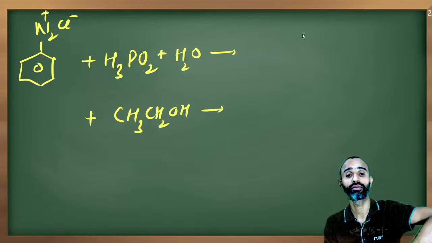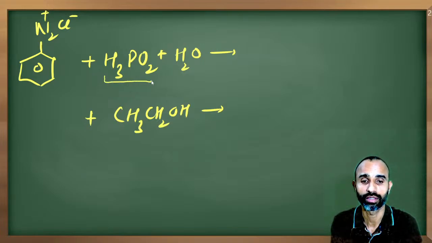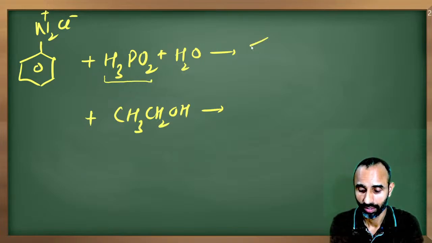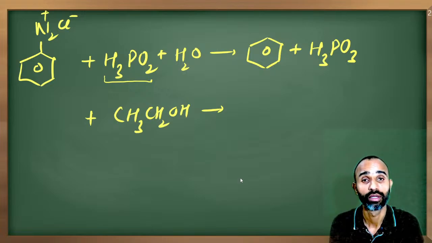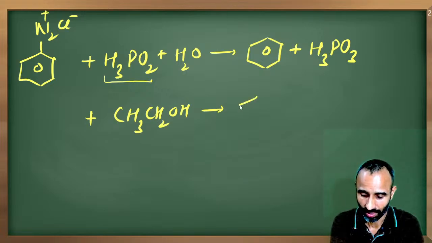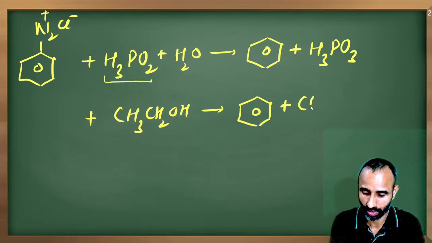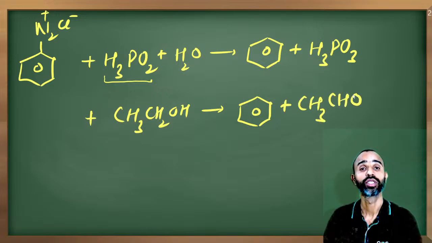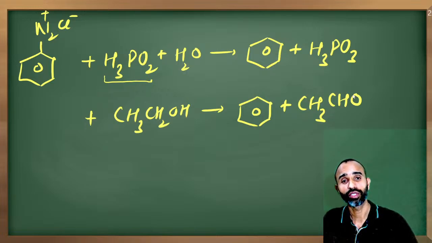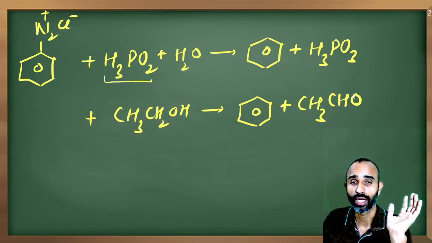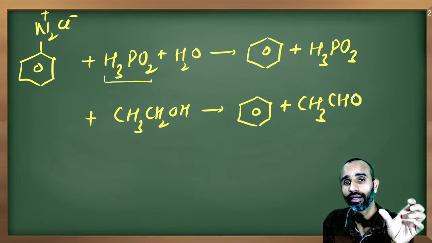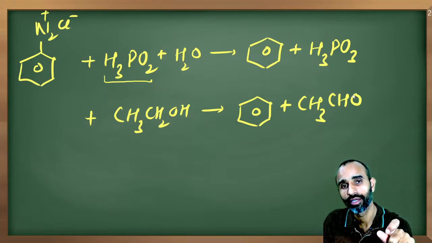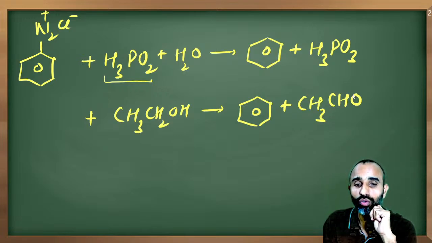This is called hypophosphorous acid. So we get benzene along with H3PO3, N2 and HCl. Here we get main products benzene and CH3CHO. So whenever we use H3PO2/H2O or ethanol, we get benzene from the diazonium salt. That means from aniline, NH2 can be removed completely, first converting it into the diazonium salt and then treating with H3PO2 or ethanol.